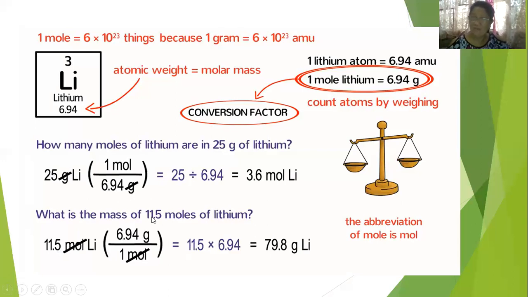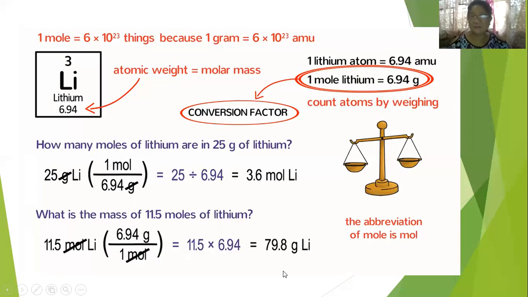Always start with a given, so that you will not be confused. That is 11.5 moles of lithium multiplied by the molar mass, which is 6.94 grams per mole. So cancel the mole. What remains is gram. Then multiply 11.5 times 6.94. Therefore, it is 79.8 grams of lithium.